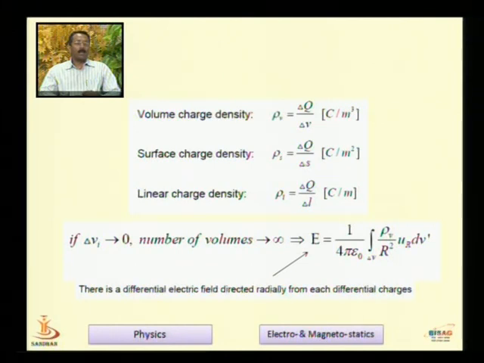And you can see these charge densities, linear, surface and volume, are dimensionally different. The dimension of volume charge density is Coulomb per meter cube, that of surface charge density is Coulomb per meter square, and that of linear charge density is Coulomb per meter.